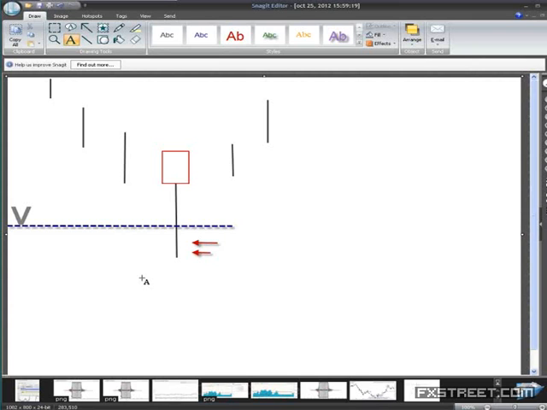But by itself, the pattern is not a signal. So there is no answer as to whether there is a best time frame to use it.